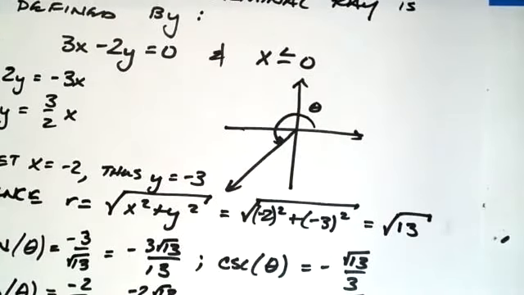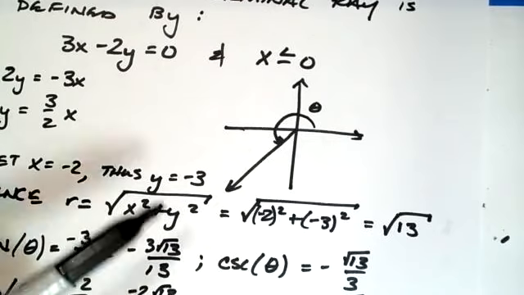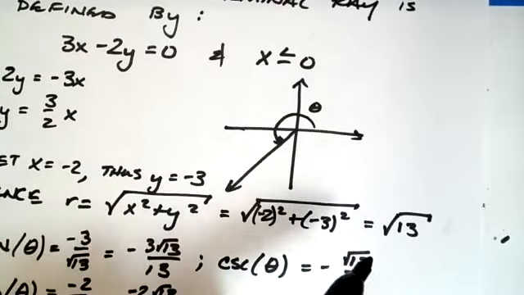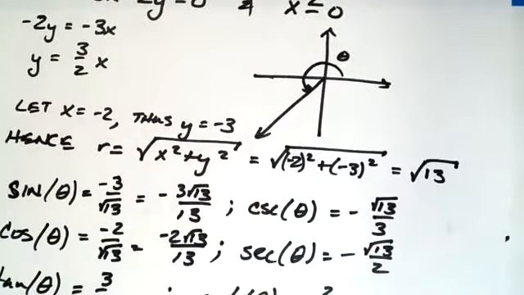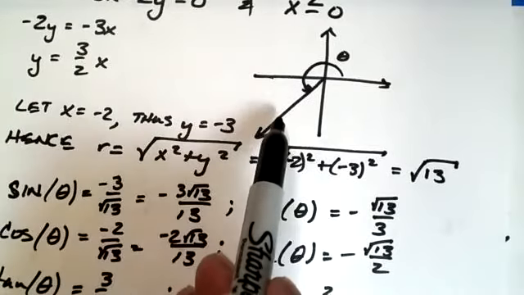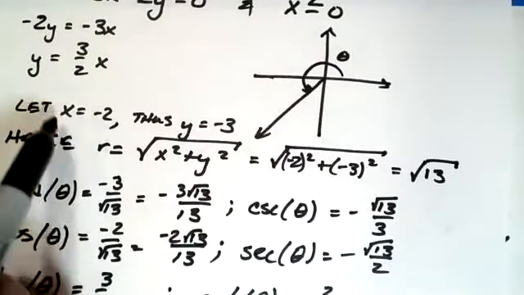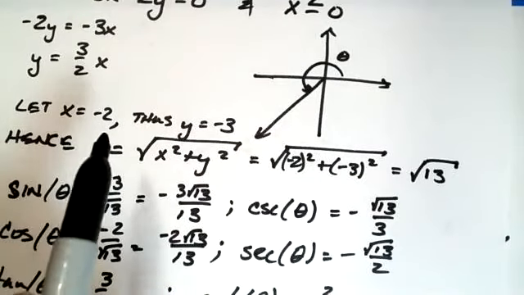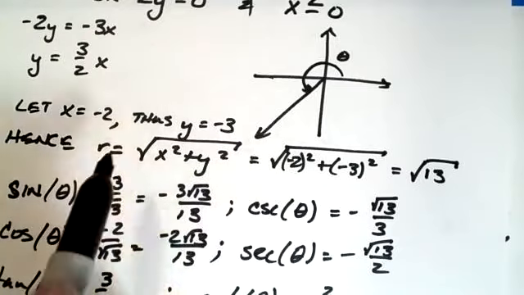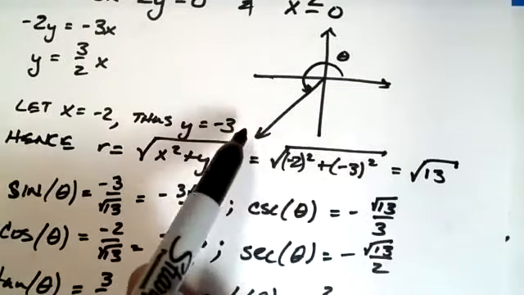Okay, so again, just a quick statement here. There are other ways to do this, and I think the book makes it far more complicated, where it says throw the equation in there and so on, and it's like, really just pick a point, right? We picked x equal to negative 2, but you could just as easily have picked x equal to negative 1 or whatever, and you would end up with the same ratios.